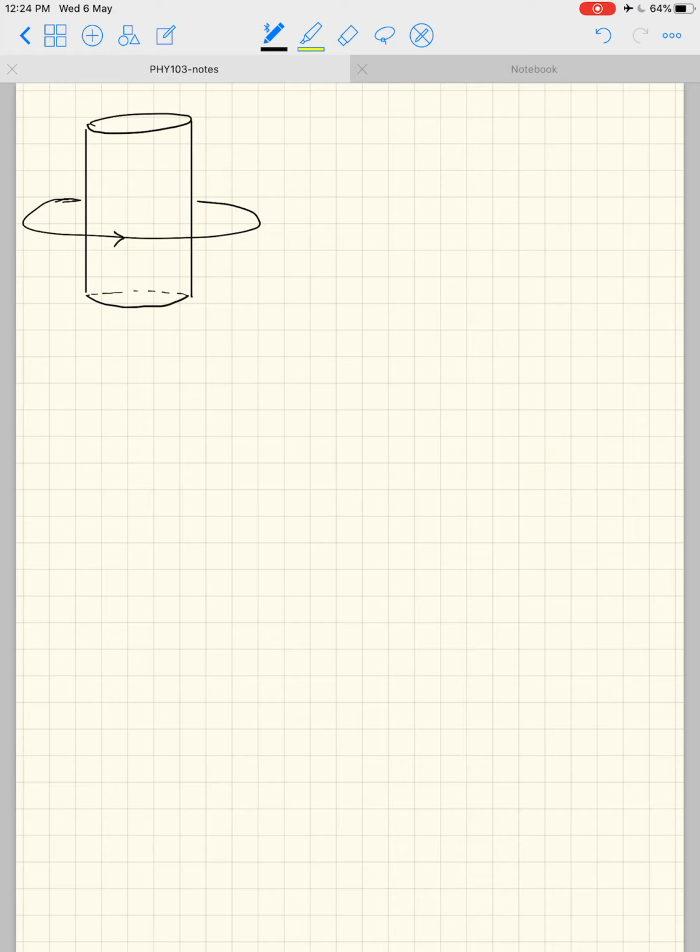Okay, and there is a current I which is in the wire, and this is Z, this is radial direction, and this particular direction is also theta. So theta is this way.